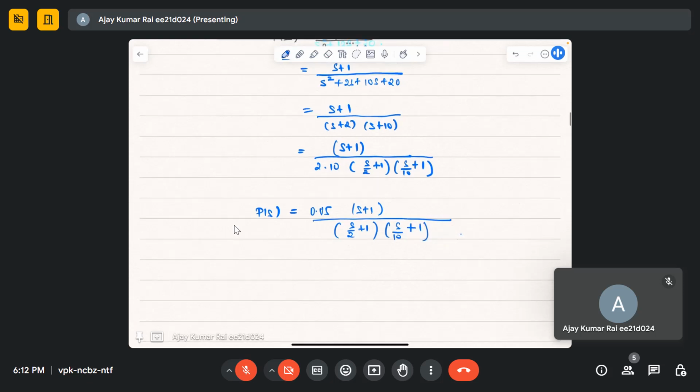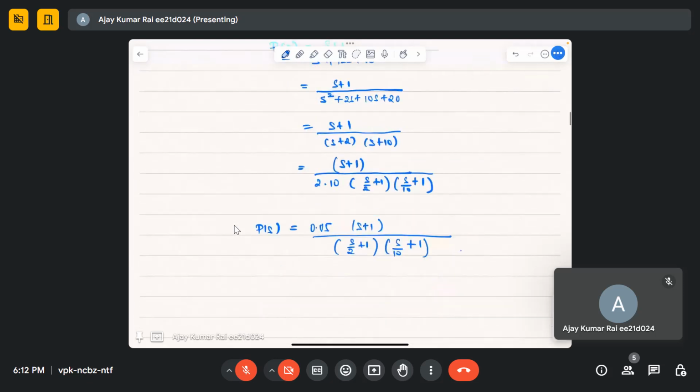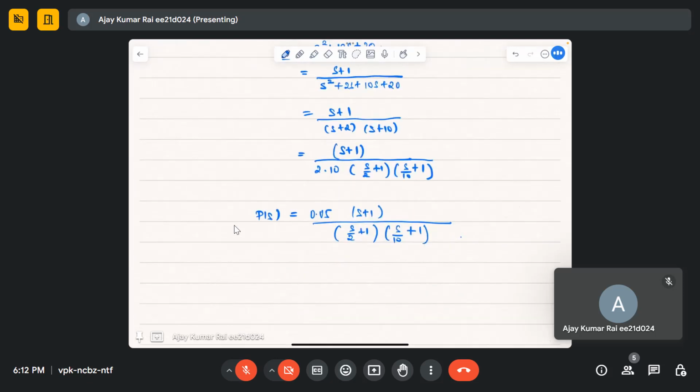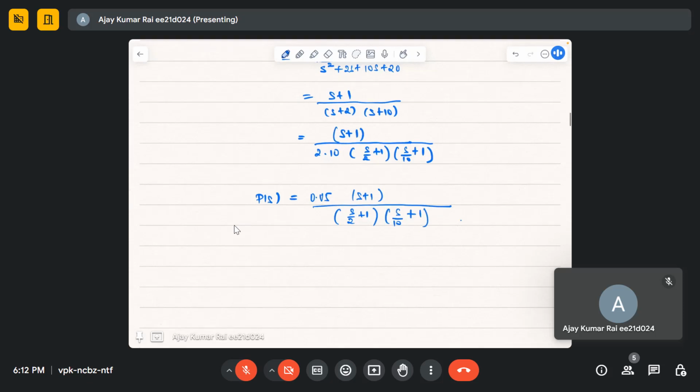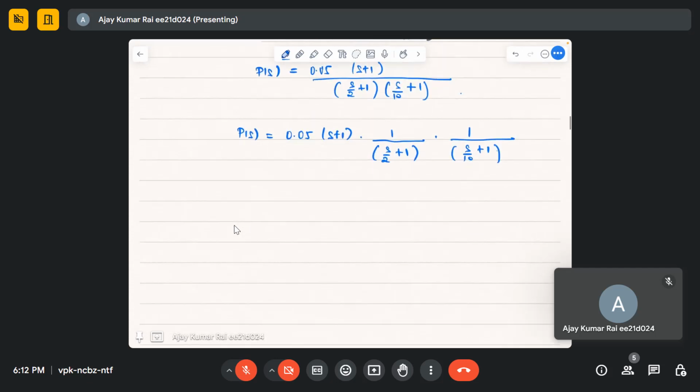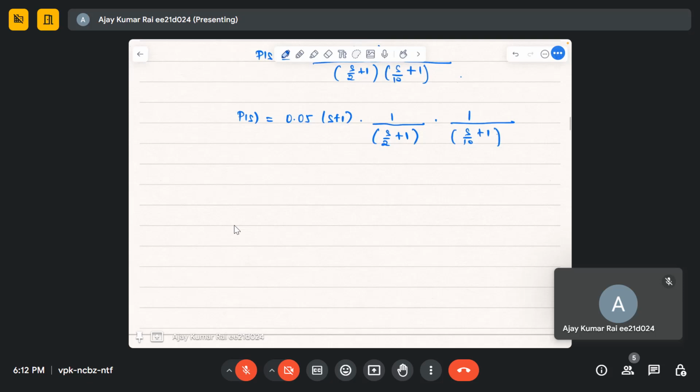Okay, so I have to find the corner frequencies here. Let me write it individually, then it is more clear, though we know this: (s + 1) times 1/(s/2 + 1) times 1/(s/10 + 1). Now you can see clearly, this part we have studied for the transfer function.